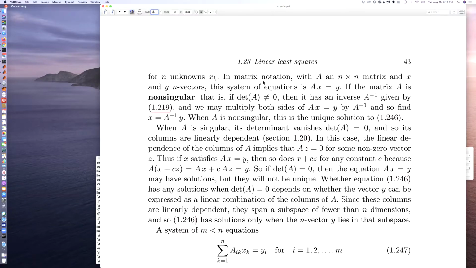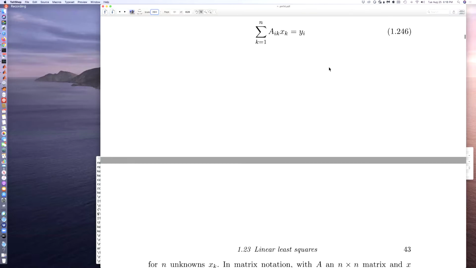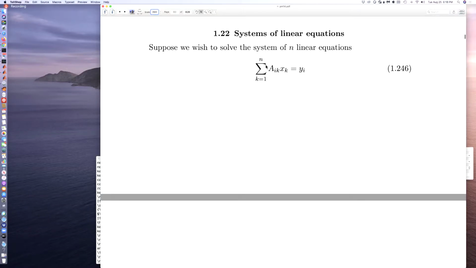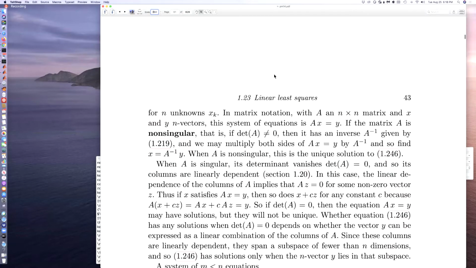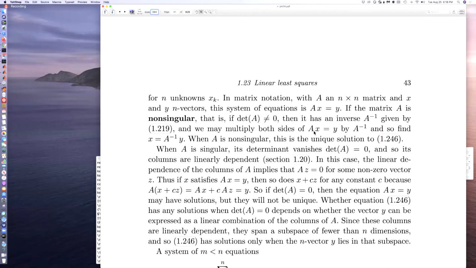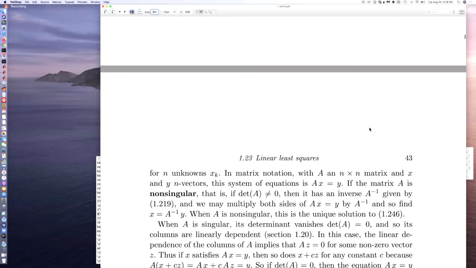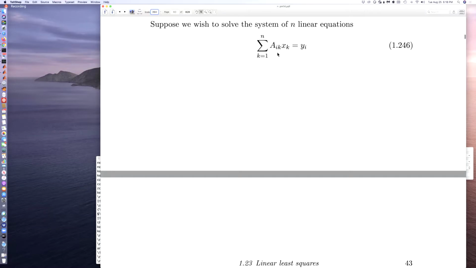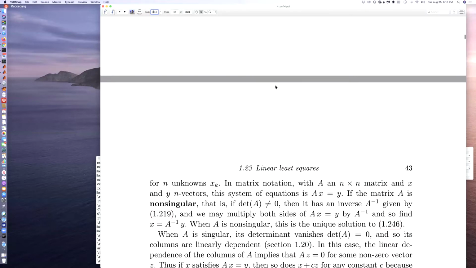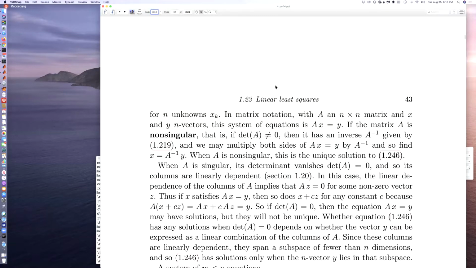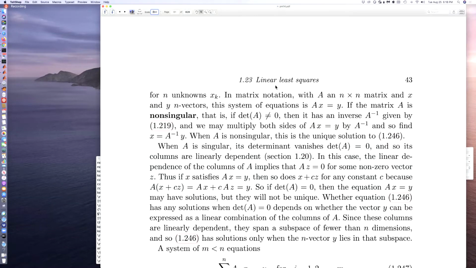What's useful is, of course, if this matrix has an inverse, then we just multiply both sides of the equation by the inverse. In matrix notation, this is Ax equals y. We then just get x equals A inverse y. And of course, Matlab can do that for you.